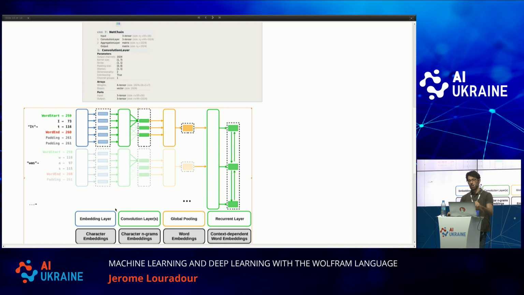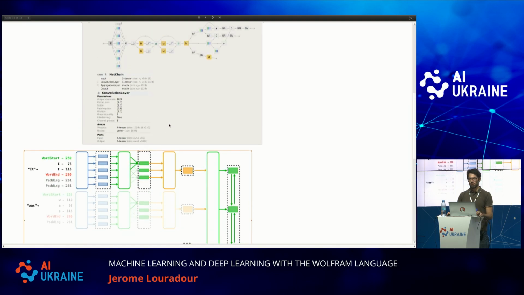No, sorry, it's mapping the characters, because what is cool with this model is that you don't have out-of-vocabulary words, which means it works on the characters. As long as you work with a set of characters that is recognized, you don't have any problem of unknown words or this kind of stuff. So it's mapping all the characters to a vector, and then it's applying convolutions on the characters at the word level. Then there is a max pooling of this.